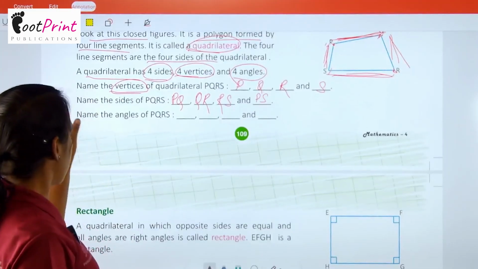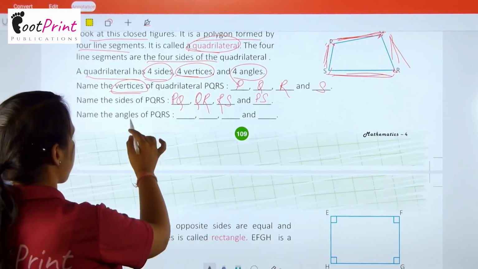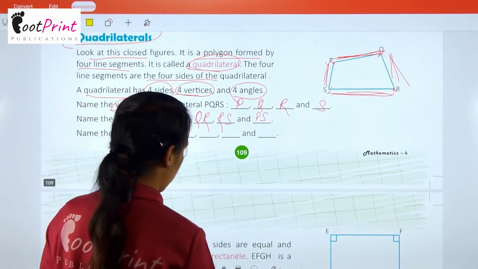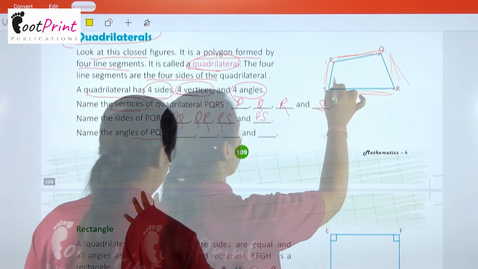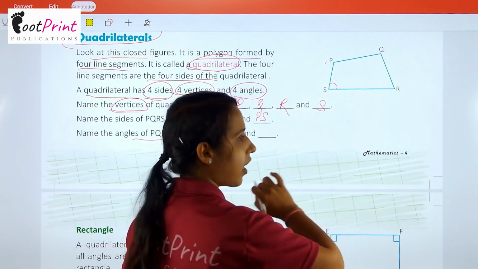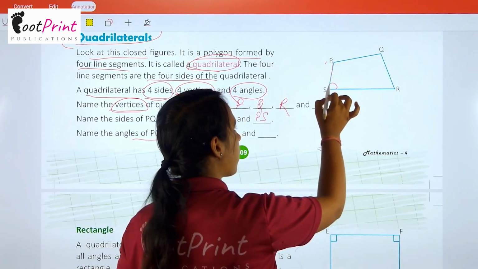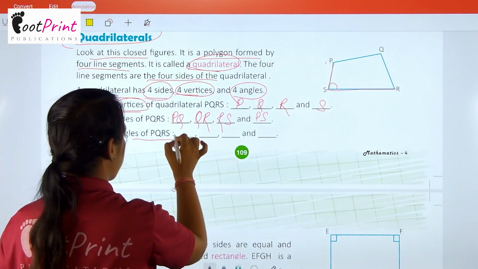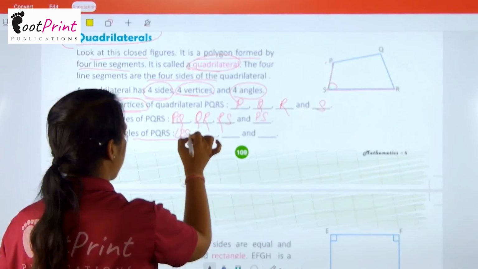Now next one is name the angles of PQRS. Here we have to write the name of the angles. So how do we find the name of the angle? Here this one is an angle. So we can name the angle like PSR. So we will write angle PSR.